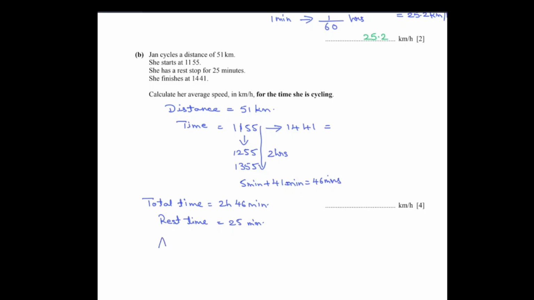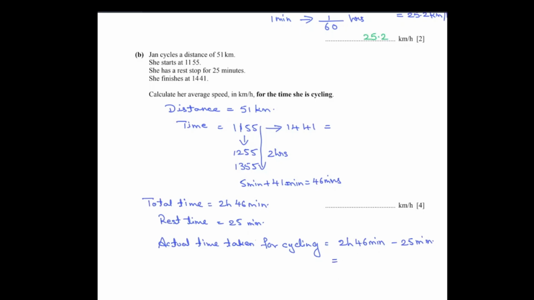So the actual time taken for cycling will be 2 hours 46 minutes minus 25 minutes.